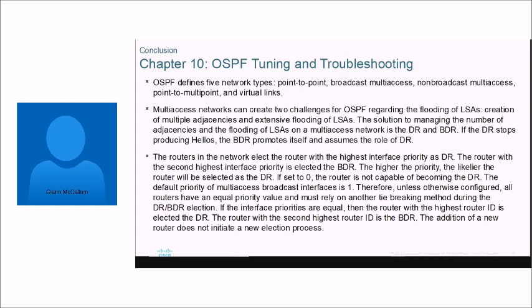Having interface priorities is a lot more precise. You can actually specify which router it is by that priority, and if you've got more than one multi-access network, you can have one router being DR for one area and another router completely, instead of it all falling on that router with the highest router ID. So you can manipulate these elections to work in your favour and share the load.